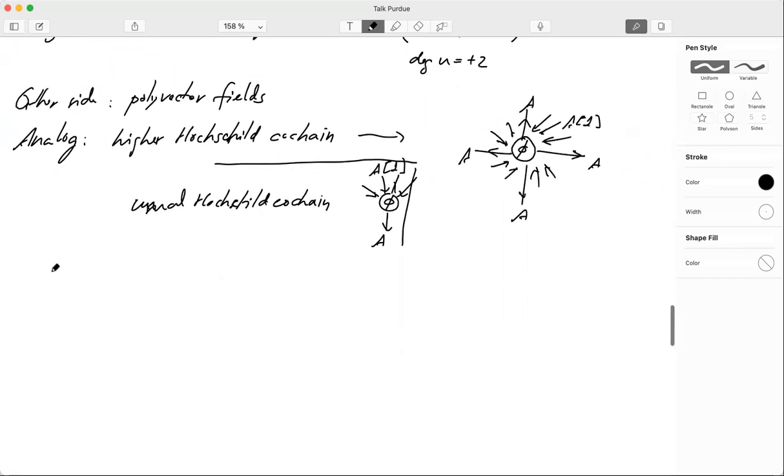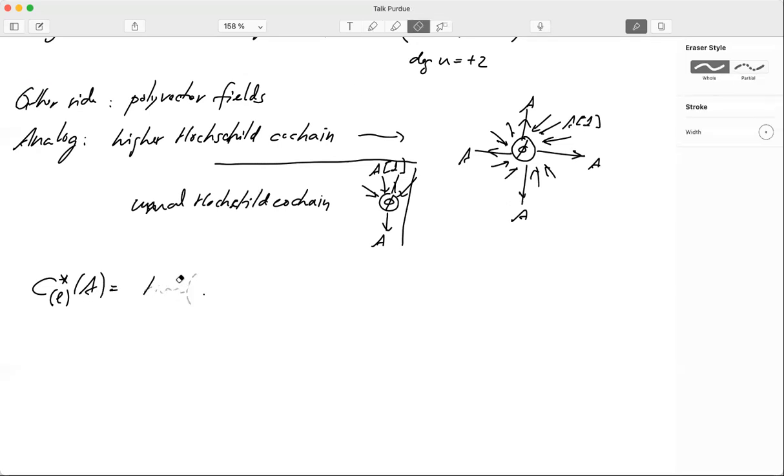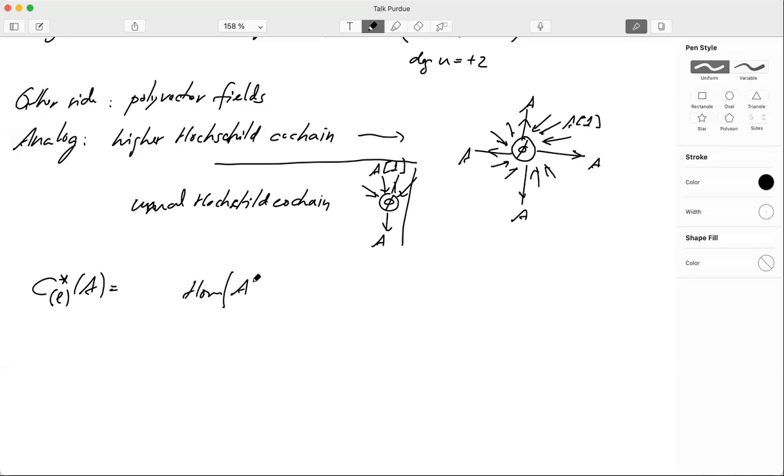So I'm going to make some definitions here. For any integer L, I'm going to define the higher L Hochschild cochains of A to be this kind of vertices of this type. So it's Hom from some number of copies of A shifted by 1, to L copies of A, with L outputs.